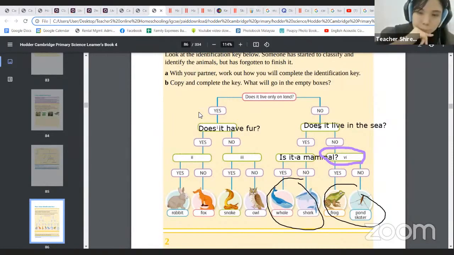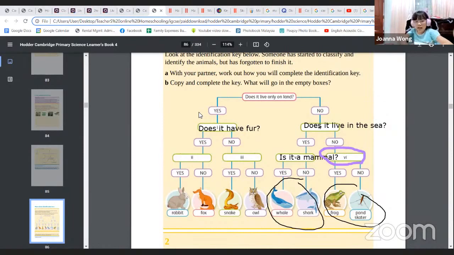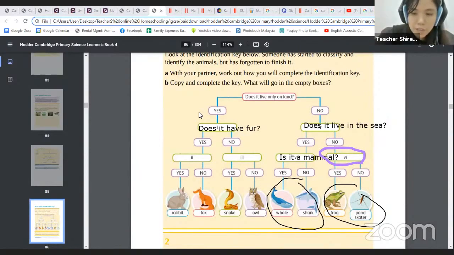Can, but both of them are quite similar. Both do live in the land and the water. Does it have 3 legs? My sister has 4 legs. So yes, go to frog and no, go to pond skater. Yes, but it would be nicer if you ask, can it hop? There is a more obvious difference.